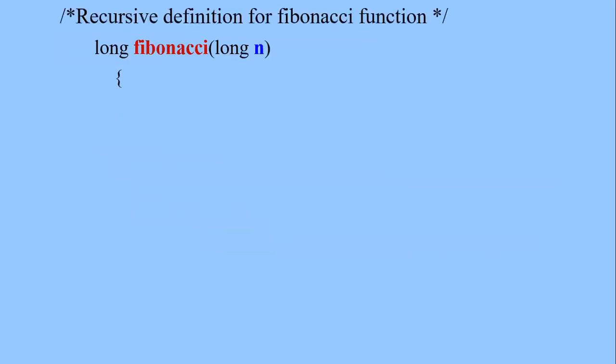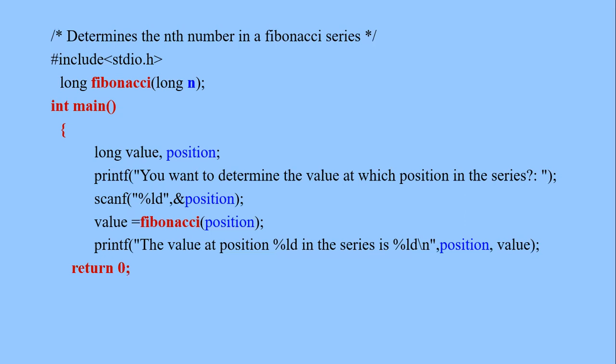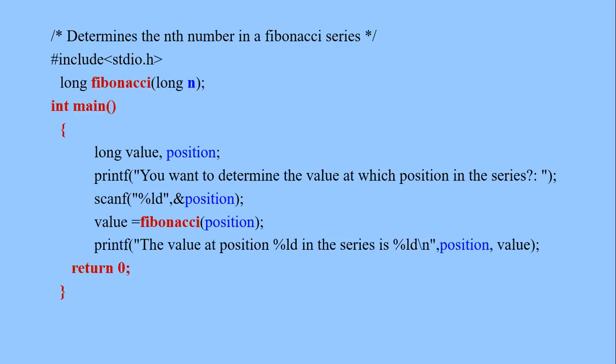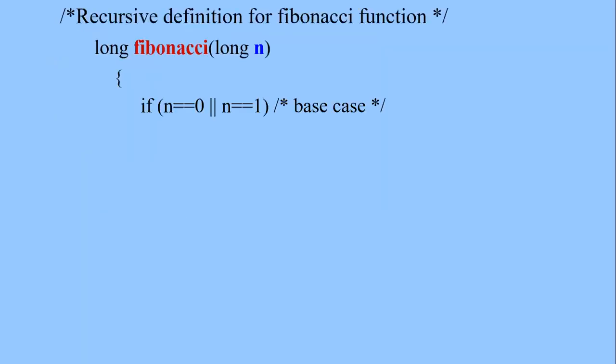So that's how we do it. Remember, this is a declaration statement, which we call the prototype for a function which has been defined past the main, as you have seen here.